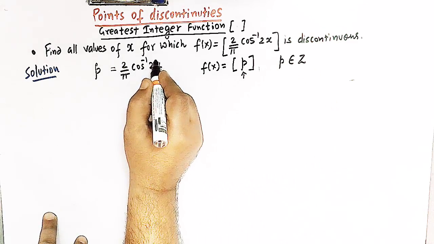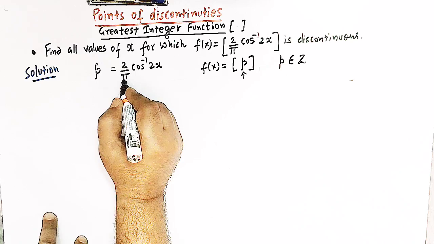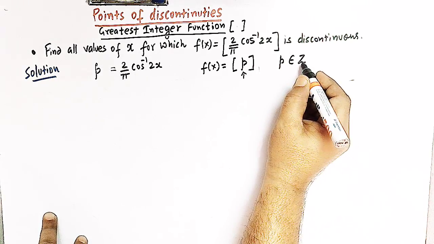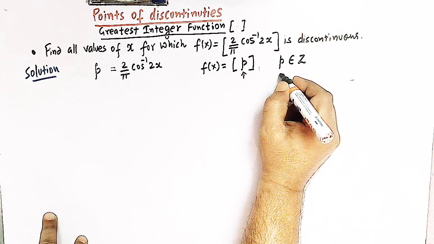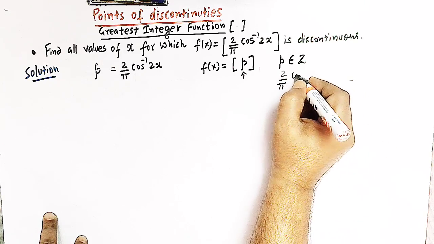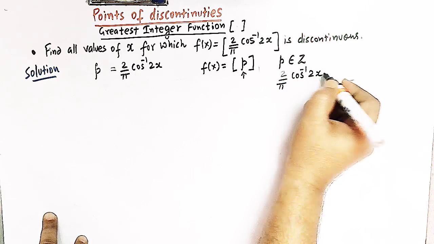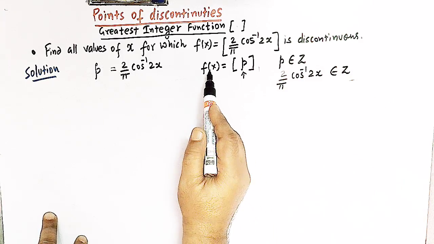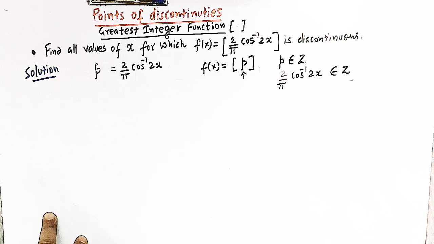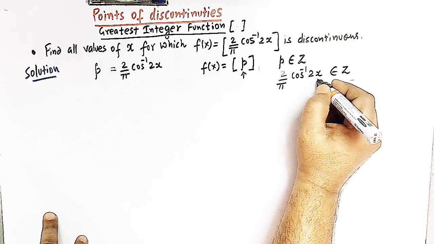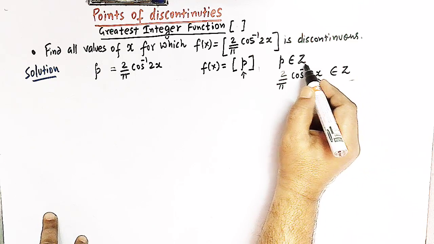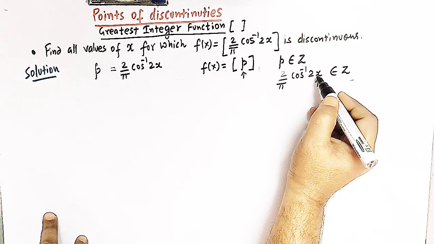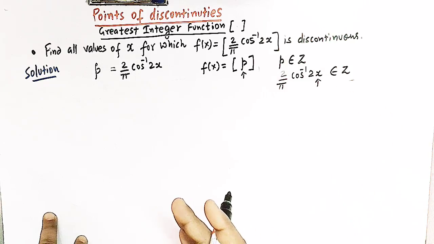It implies that whenever this quantity, that is 2 over pi cos inverse 2x, belongs to the set of integers, then this function f of x is discontinuous. So we have to search for all values of x which make p, or this expression 2 over pi cos inverse 2x, an integer, right?